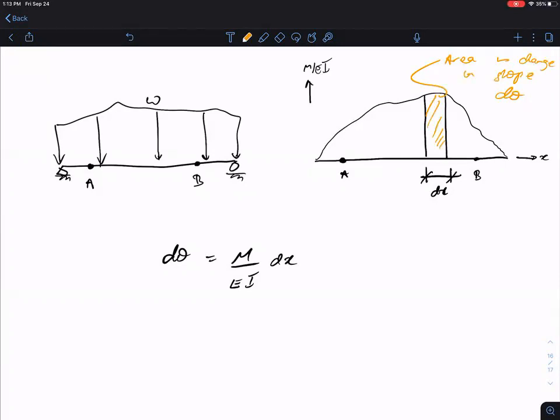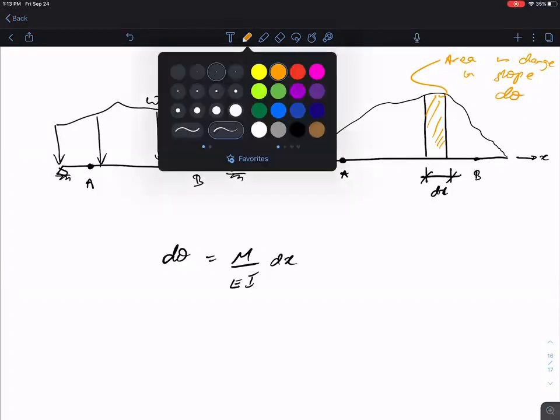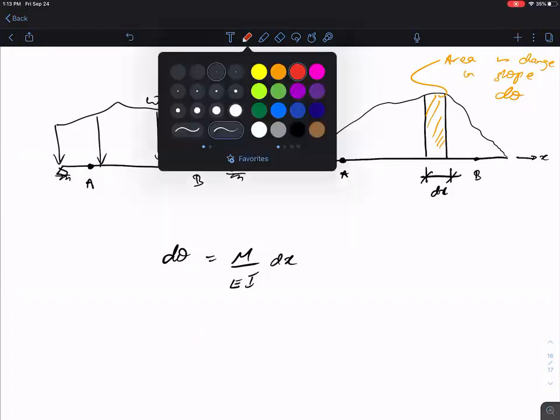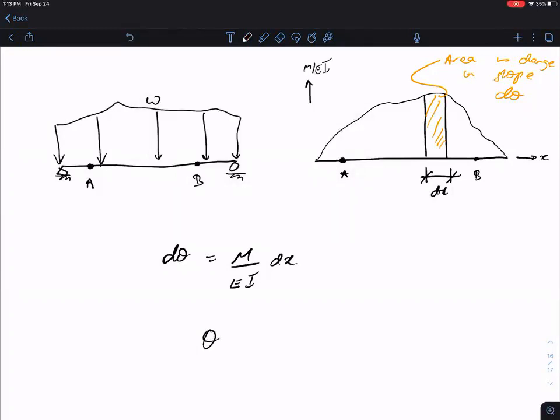So what that means is if we integrate the M over EI diagram between points A and B, that will actually give us the change in slope between those 2 points. And we'll define that as theta BA.